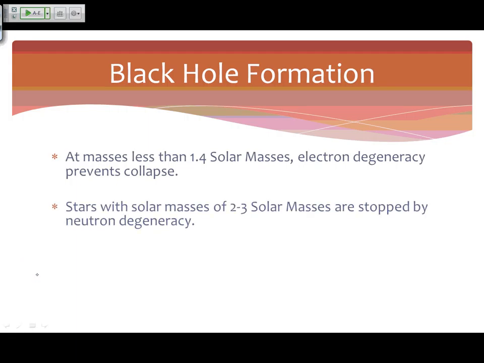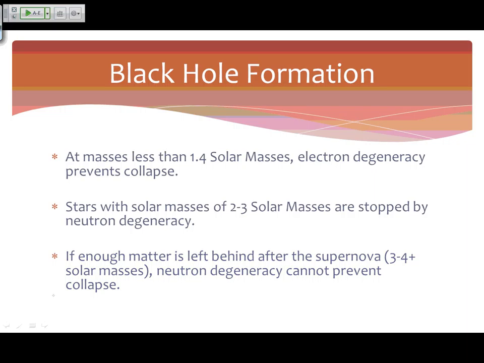If the thing's more massive, it will supernova, and it will pass by the white dwarf phase because it's too massive to stop at electron degeneracy, and it will come down to neutron degeneracy. So that's the stars of 2 or 3 solar masses. Now, if it gets much larger than that, somewhere between 3 and 4 solar masses and above, anything above that, it will progress past the neutron degeneracy phase and create a black hole.